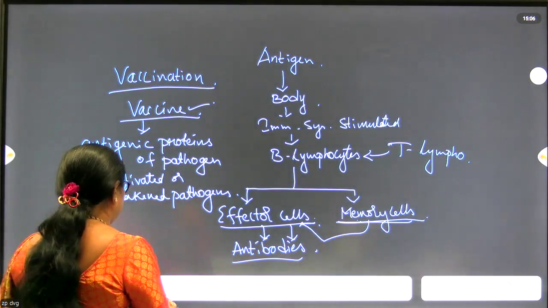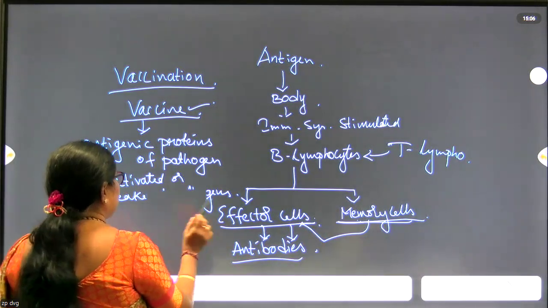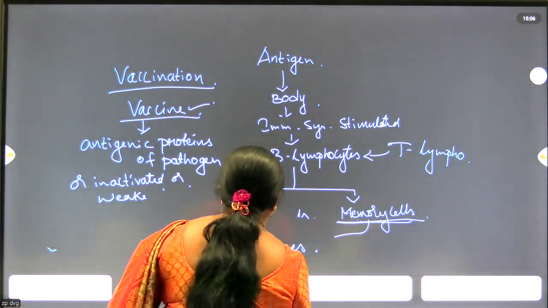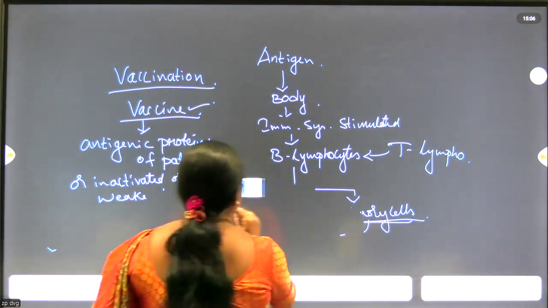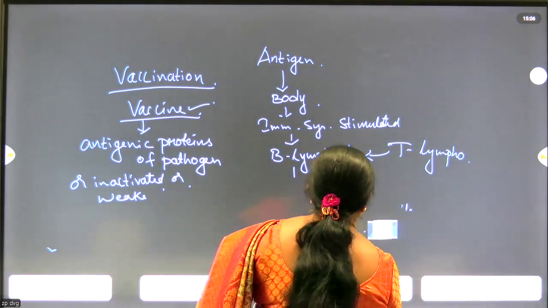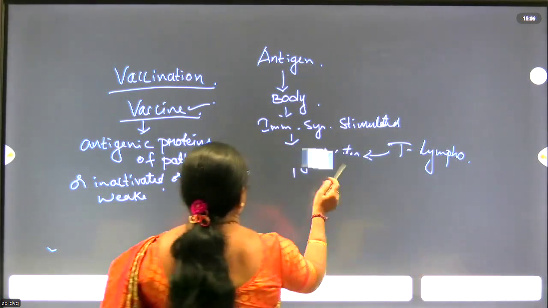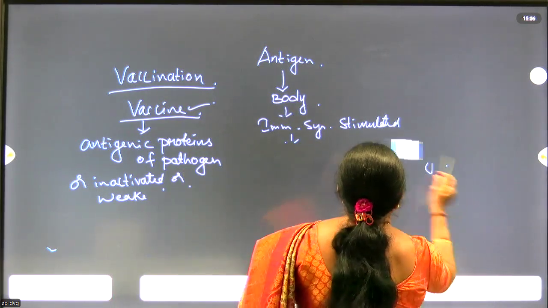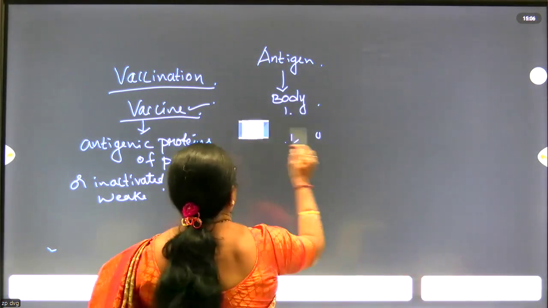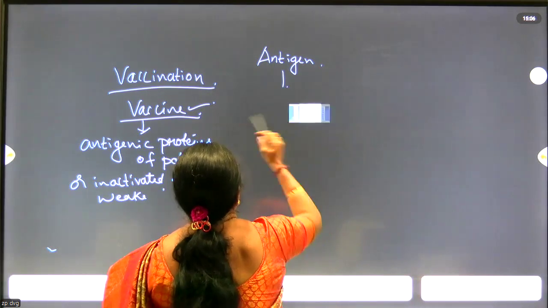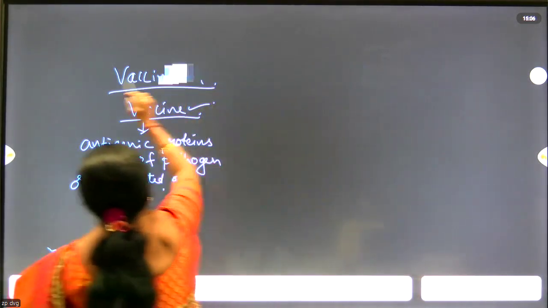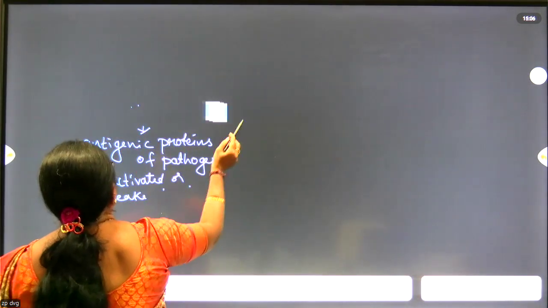Next, we'll take passive immunization. In passive immunization, the preformed antibodies are injected into the body of an organism when it requires a quick immune response due to certain toxins or due to some dreadful microbes.